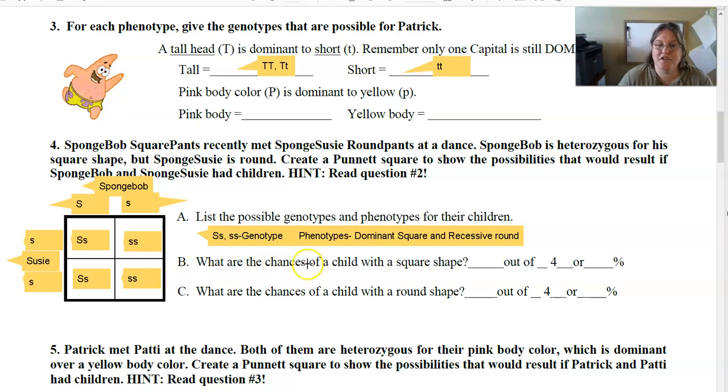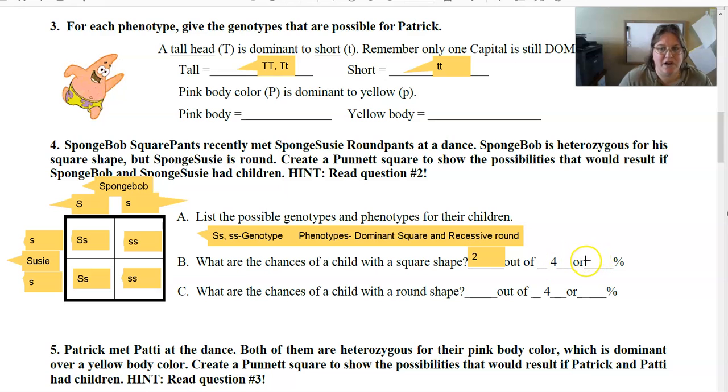Okay, so let's go to the next one. B, what are the chances of a child with a square shape? Well, how many square shapes did you get? This child was a square shape, and this child was a square shape. So how many was that? Well, that was 2, and it's out of 4. What is 2 out of 4?